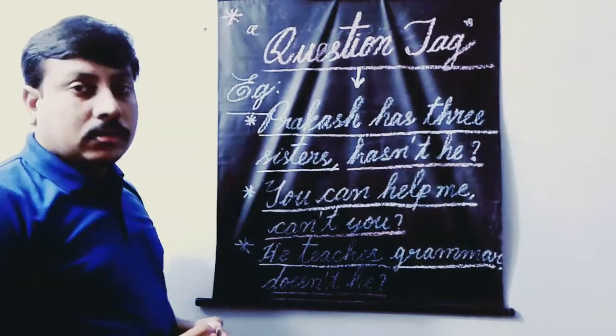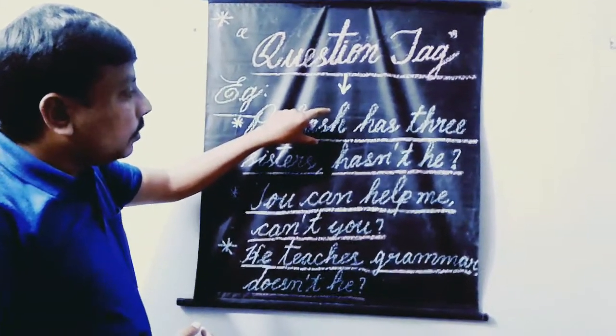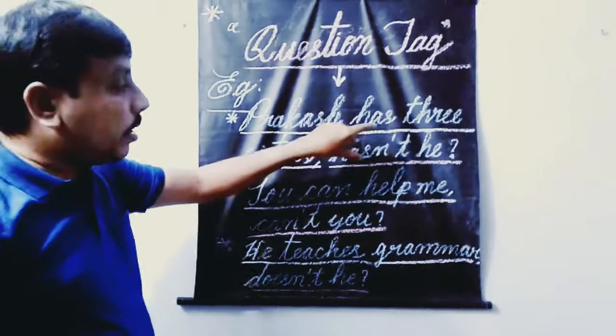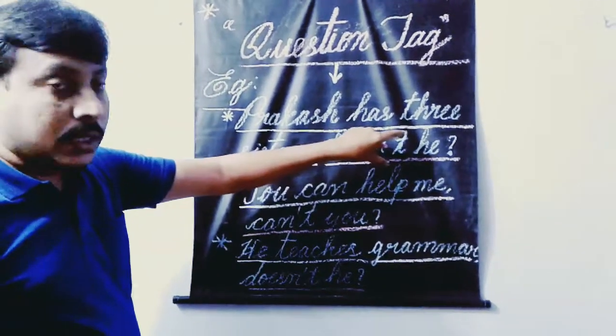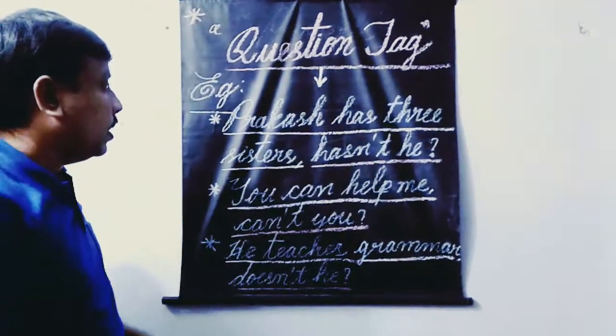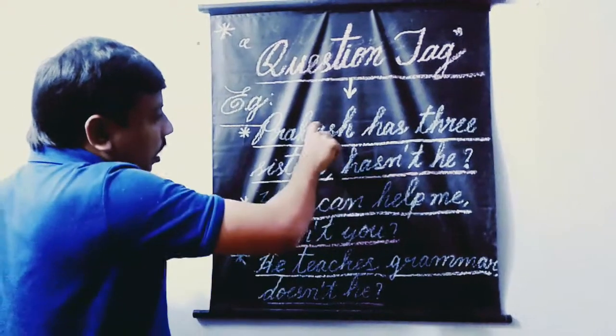Already we have known, when the statement is positive, we should take a negative question tag. Positive statement takes negative question tag. Here Prakash is the subject of the statement.